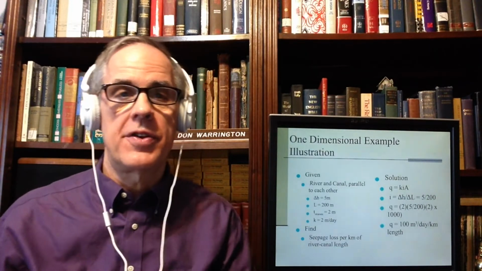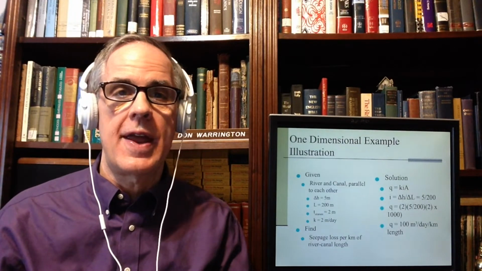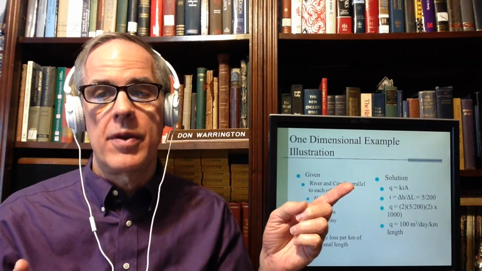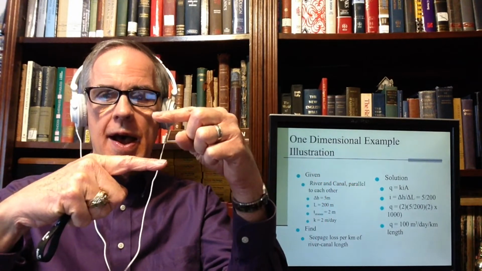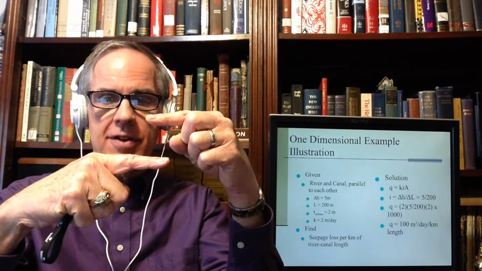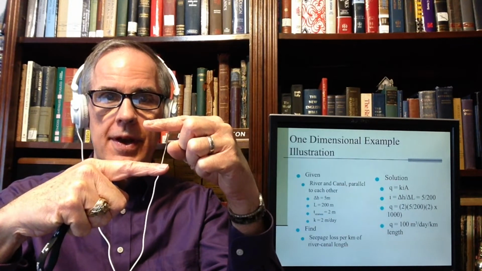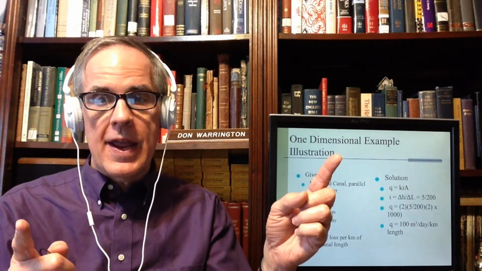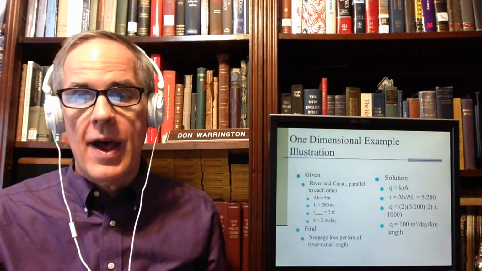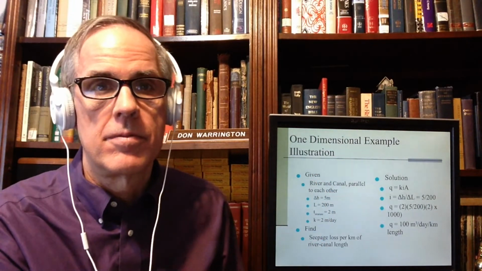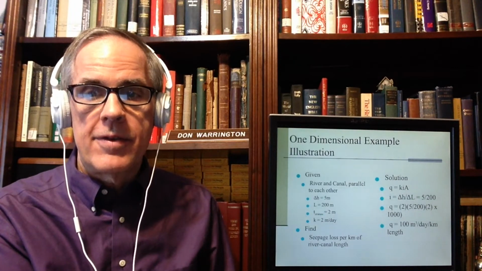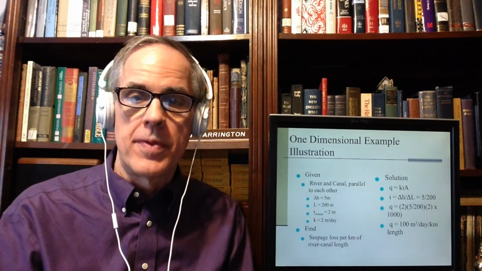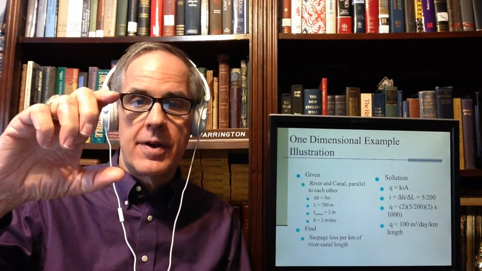I, simplistically, is equal to delta H, which is the distance from the canal to the river, over delta L, which is this way. H is what's driving the gravity. So the I is equal to 5 over 200. And since Q is equal to KIA, I know A is simply equal to the thickness of it.